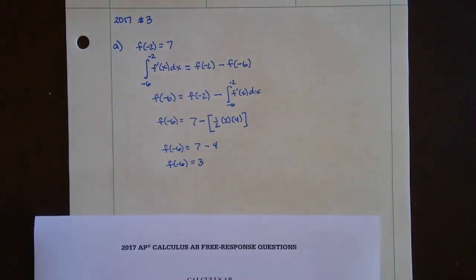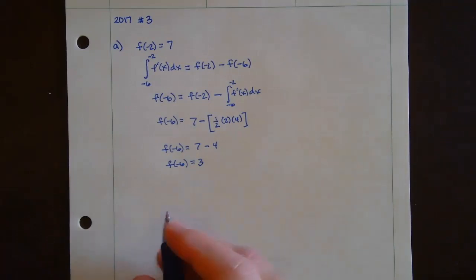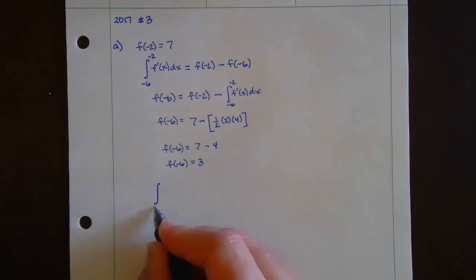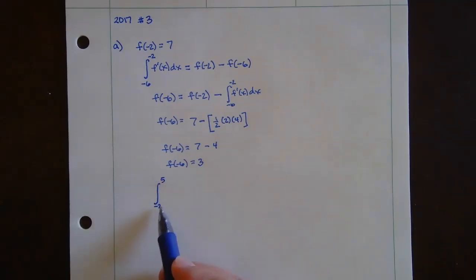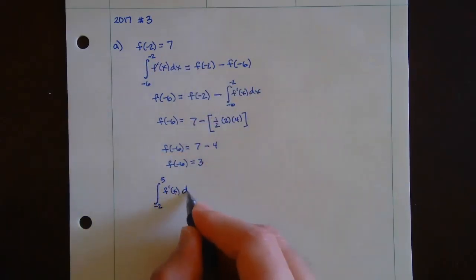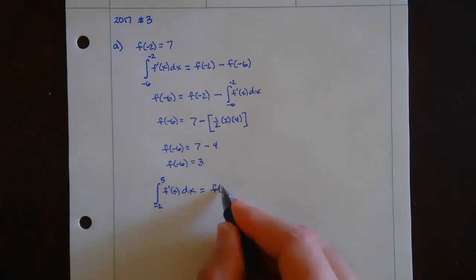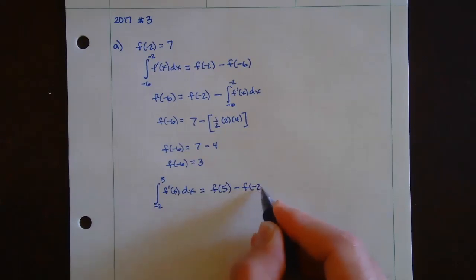We're going to do something very similar with f of 5. Actually, f of 5 is a little bit easier, I think. This time I'm going to go from the integral from -2 to 5. Why am I always using -2? Because I know that value. So the integral of f prime of x dx has to equal f of 5 minus f of -2.